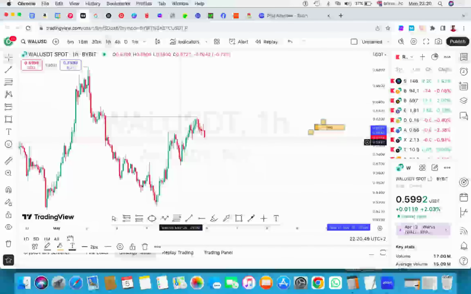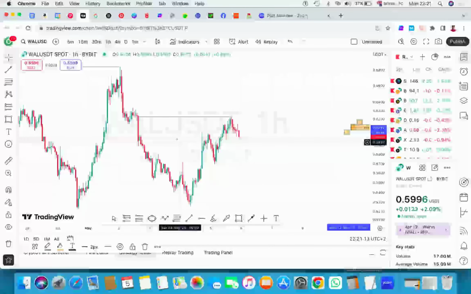Sorry. All right. So if it's in a downtrend, right, and it's in an uptrend, the last bullish candle that the market created, that is where you draw your order block from.